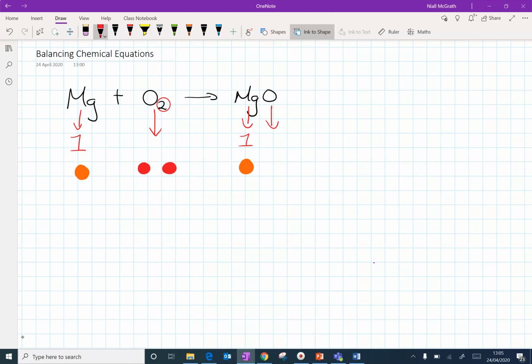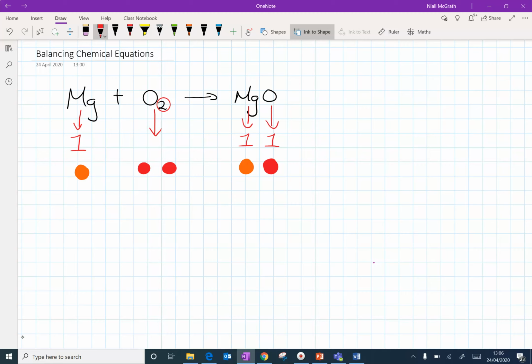It's just MgO, so that would mean that we only have one oxygen. If we look at the number of each, that doesn't add up. You have one magnesium and two oxygens, and then on your right hand side you only have one oxygen. So we need to find a way to have the same number on both sides.